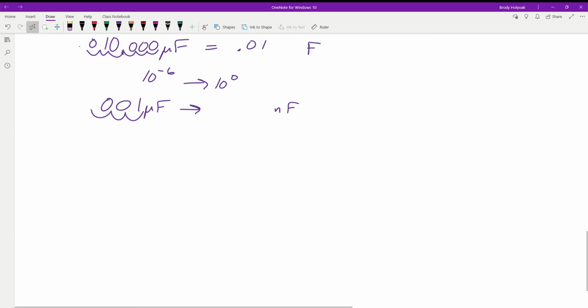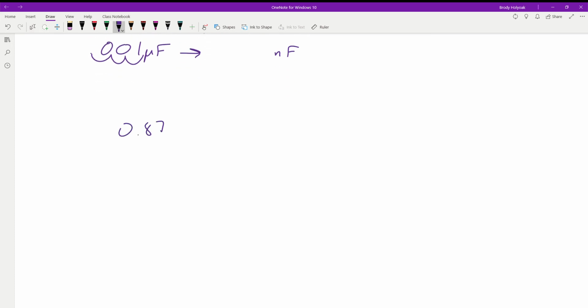If we had 0.875 mega ohms, that's how many kiloohms? 875 kiloohms, and that's also 875,000. Yep, 200K, and then your next one is 2 meg.